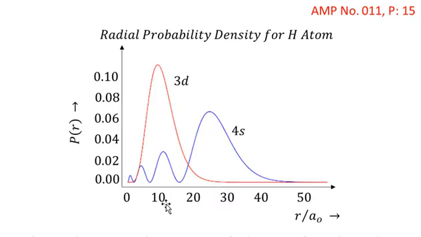So these distances are equal to 10 Bohr radii, 20, 30, up to 50 Bohr radii. On the vertical axis, we have the probability density. The 3d electron is shown in red and the 4s electron in blue.